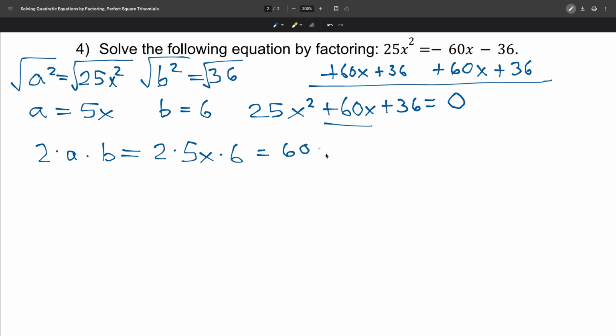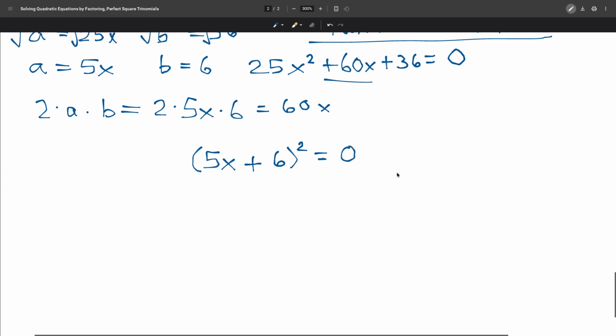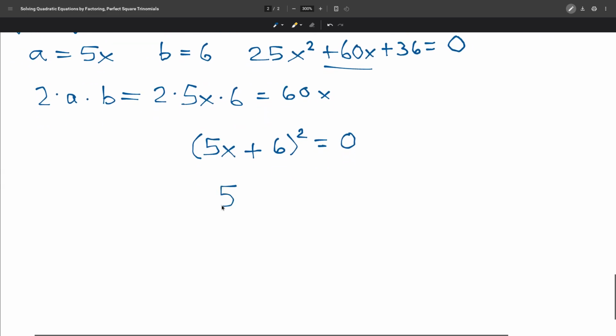This is a perfect square trinomial, meaning it'll factor into 5x plus 6 squared. And that equals 0. All right, so we're going to set 5x plus 6 equal to 0.